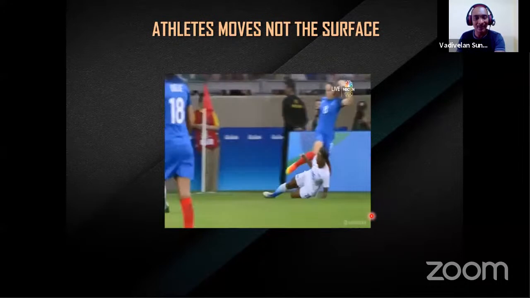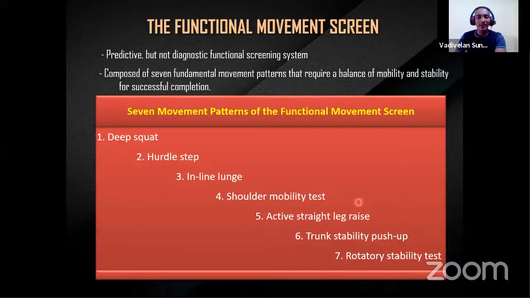In all sports, only the athletes move and the playing surface is stable. So we have to train the athlete, and most of our training should focus on the stable surface. So that's all about the need and might of functional training.